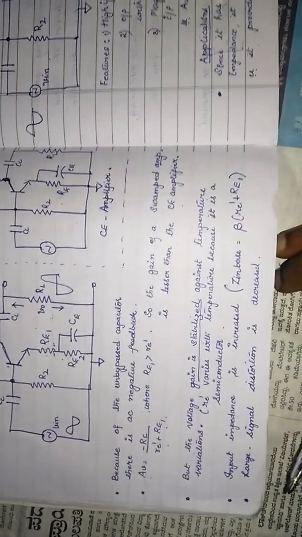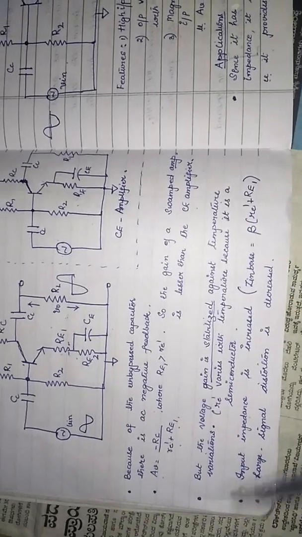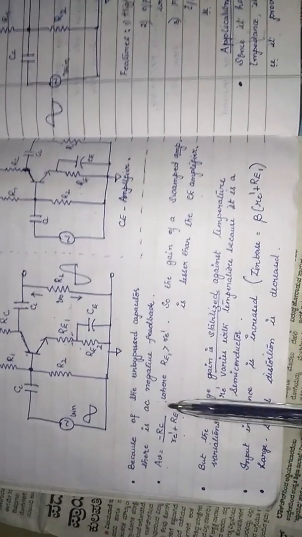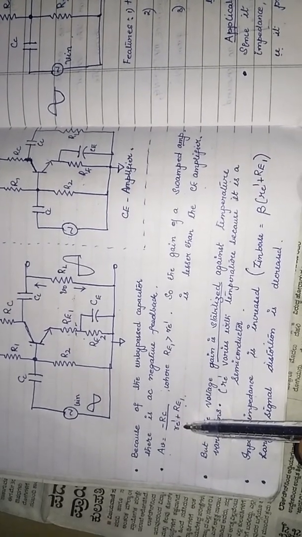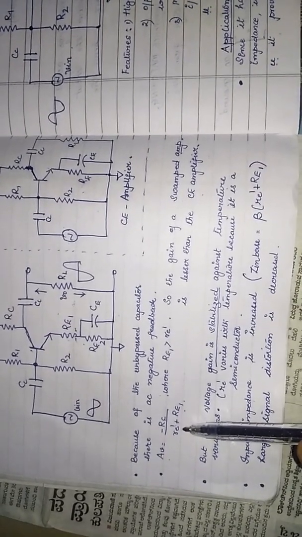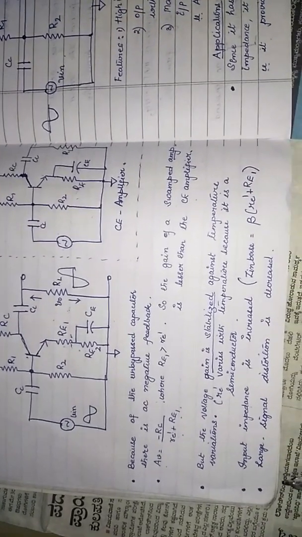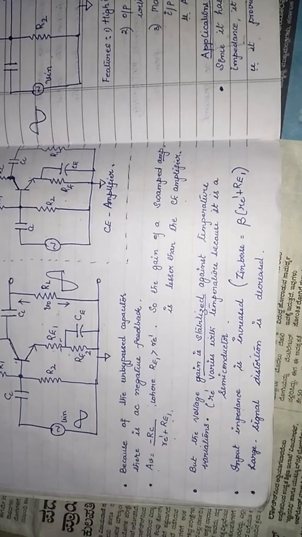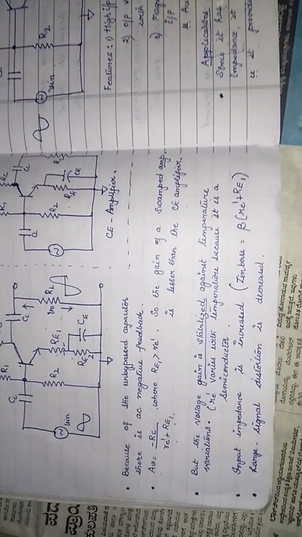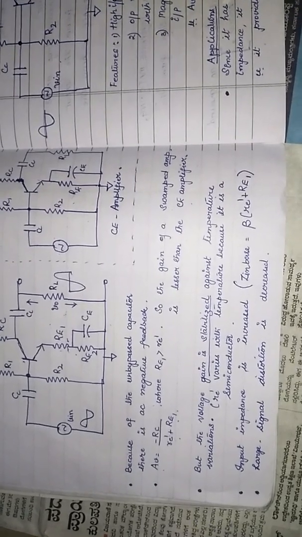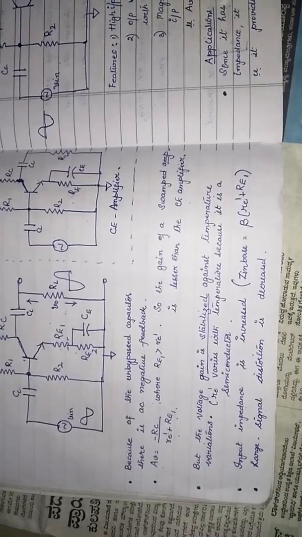Then another advantage of this is that, you know what RE dash is. I have been telling what small RE dash is. Small RE dash is the AC emitter resistance. AC emitter resistance means it is an equivalent emitter resistance which is made up of your semiconductor material. And what is the property of a semiconductor material? It has a negative temperature coefficient of resistance, meaning to say the resistance is going to vary with temperature.